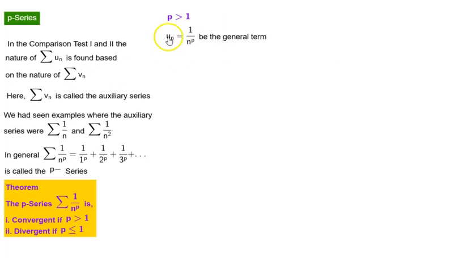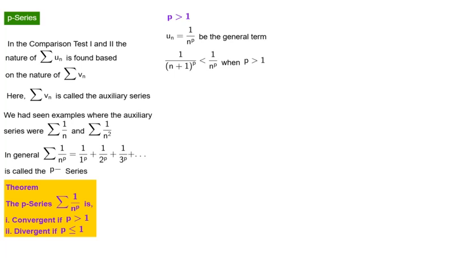The general term is U sub n is equal to 1 by n to the power of P. 1 by n plus 1 to the power of P is less than 1 by n to the power of P when P is greater than 1, because on the left hand side, the denominator is bigger.